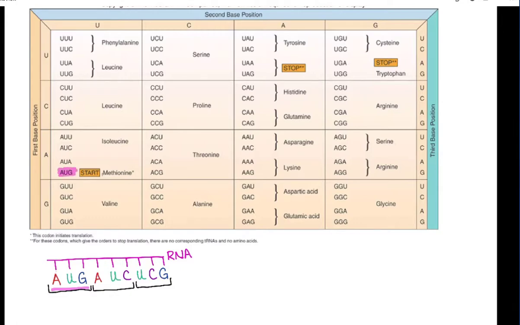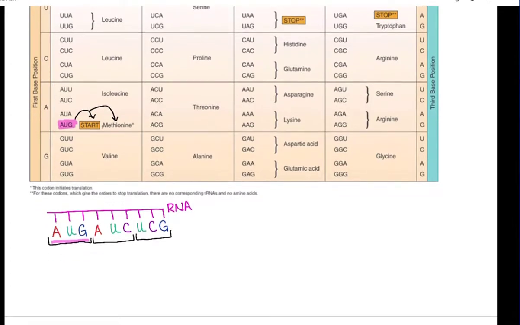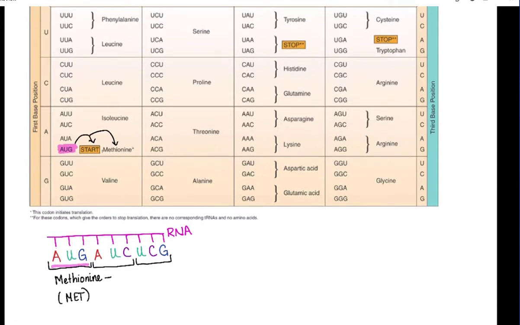Now AUG has this funky notation, start, and then it also has an amino acid by the name of methionine. Now this is a little bit funky, but I'm going to go ahead and write methionine, which is abbreviated MET. And I'm going to delay talking about what start means and go to the next one.